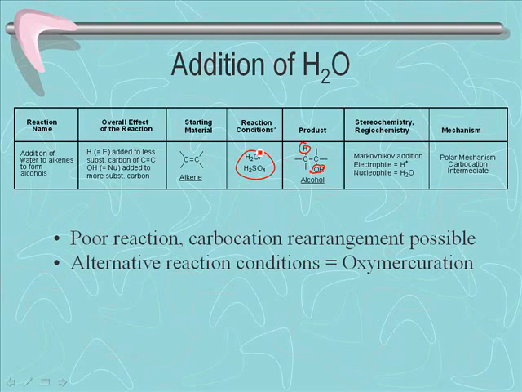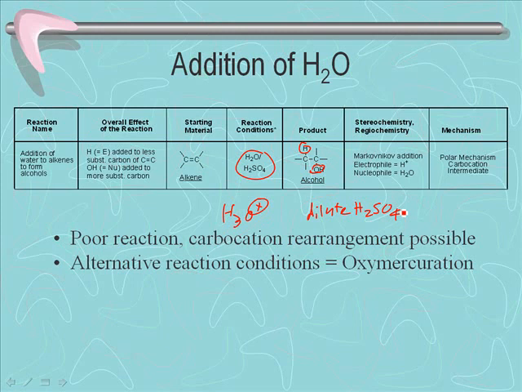Another way to write this is simply to say H3O+, which is the hydronium ion, present when we have water and acid being present, or writing dilute sulfuric acid. All of those indicate that we've got water present and we have acid present.